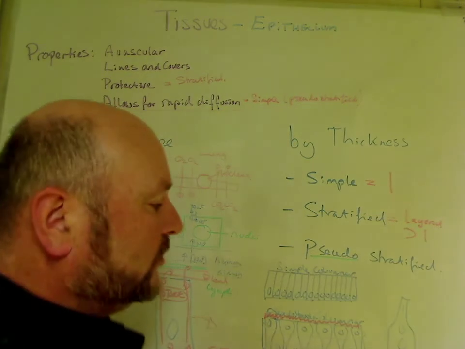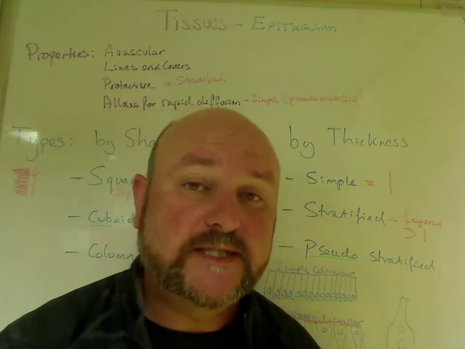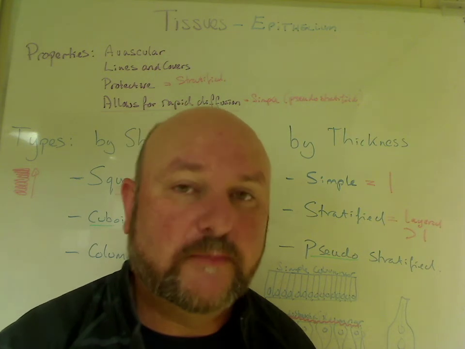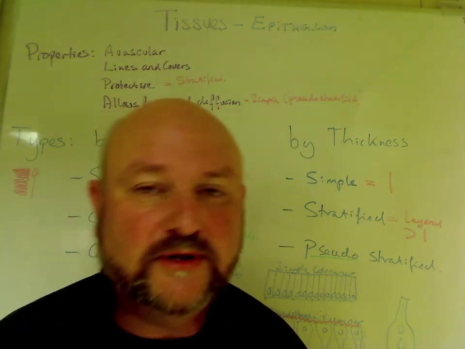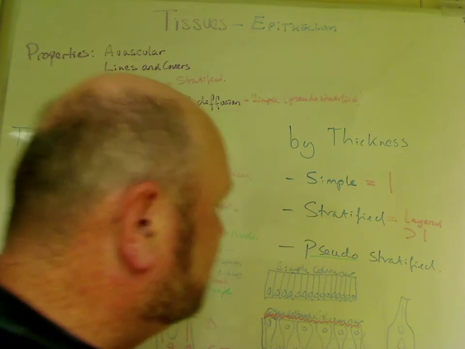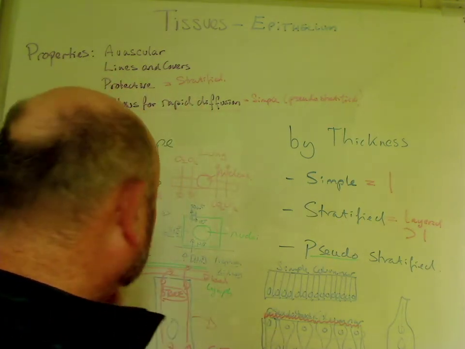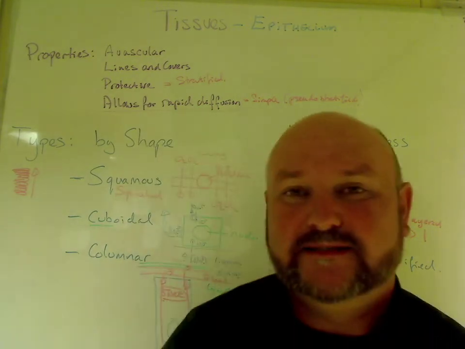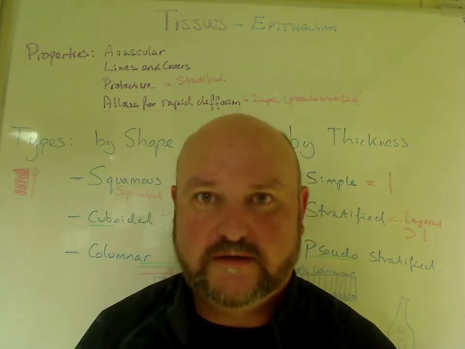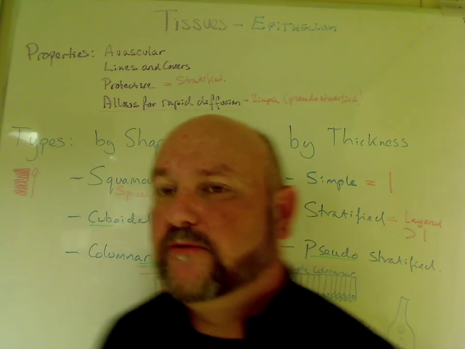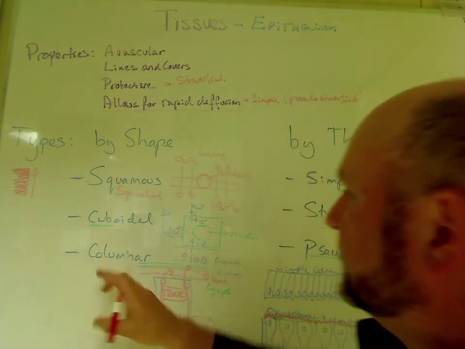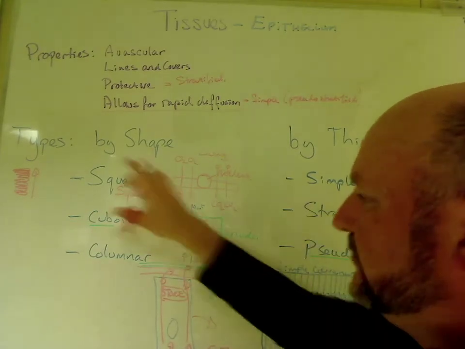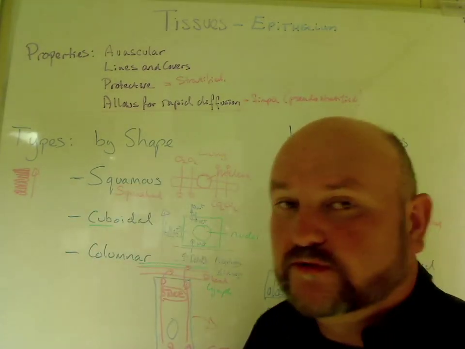Now it's not the only epithelial type which is ciliated, but we try and keep it simple at this level so that if you see cilia, you can think of pseudo-stratified columnar epithelia. Ciliated pseudo-stratified columnar epithelia is a bit of a mouthful. However, that's how we name them: simple, and then which shape; stratified, which shape; and then the pseudo-stratified.